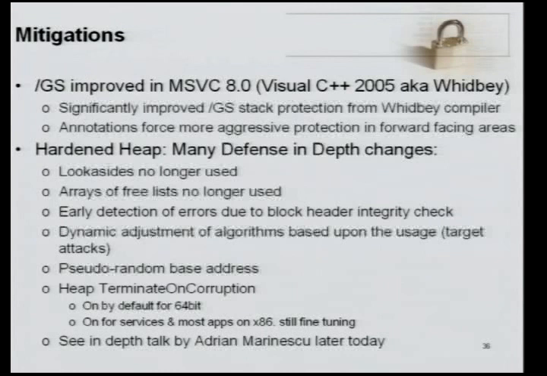And so we can make different choices about security to set a better precedent for security on 64-bit. So for example, NX is on by default for 64-bit systems and all 64-bit apps. Heap terminate on corruption, if you're a 64-bit app, it's just on, third party or not. Like I said, this is a differentiation that we can make to improve the overall security.